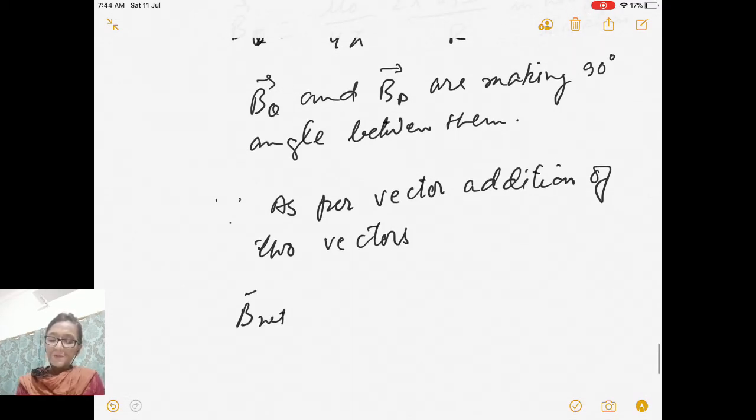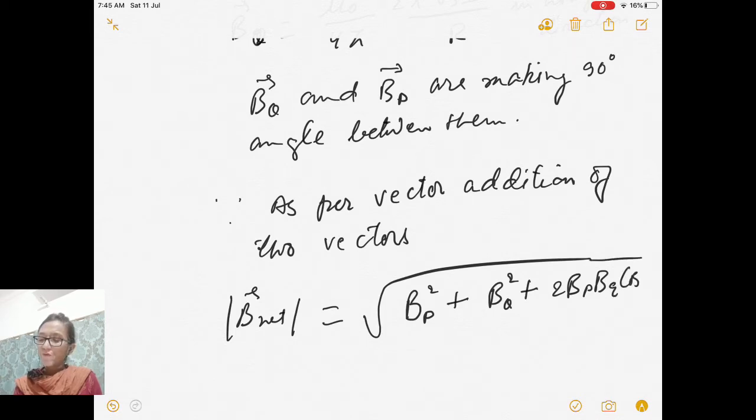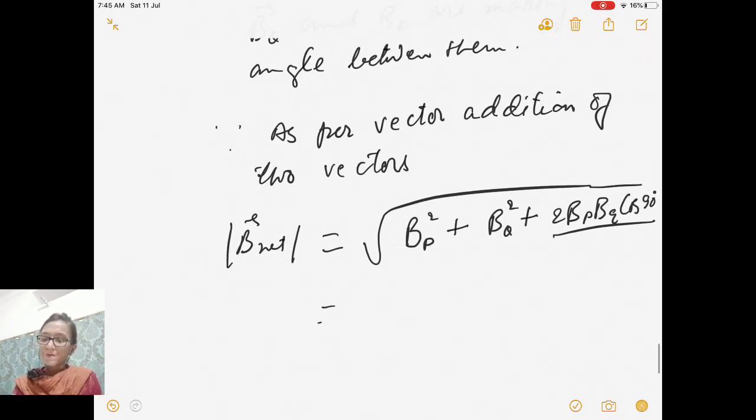B net, okay, let me find first of all its magnitude. B net is equal to under root BP square plus BQ square plus 2 BP BQ into cos of angle between the two, cos 90, and this part becomes equal to 0.